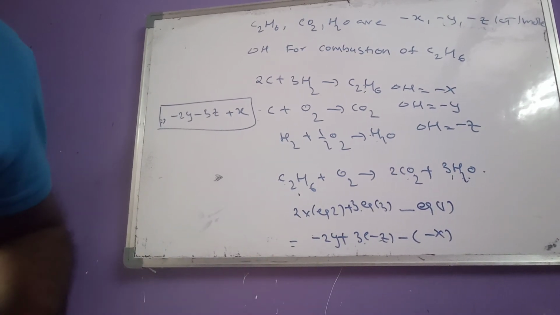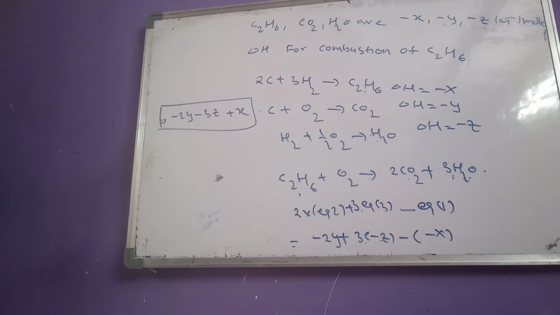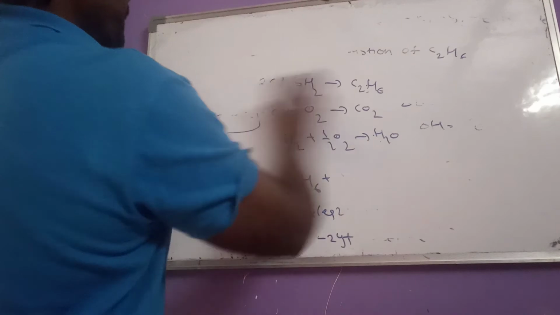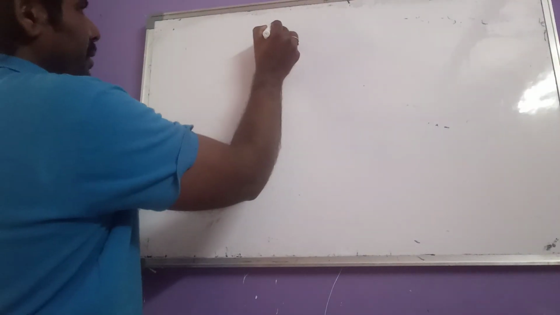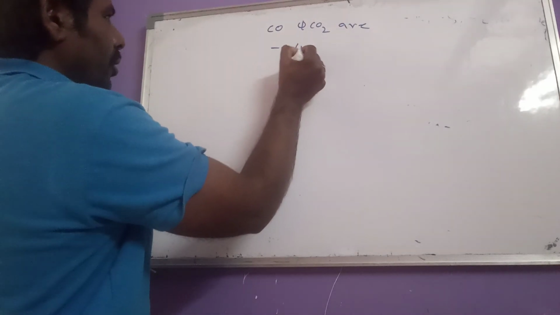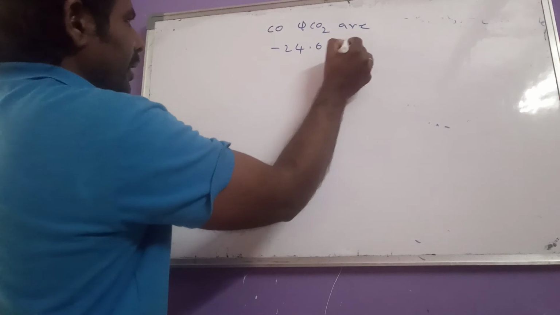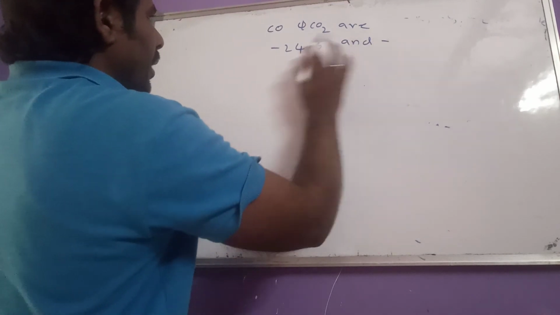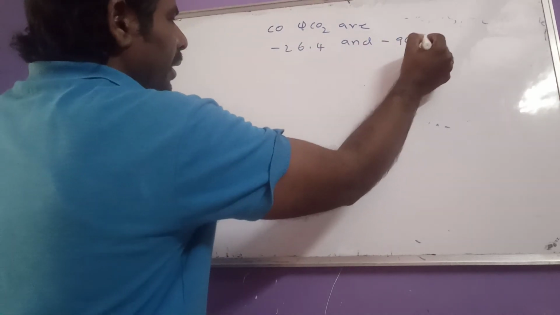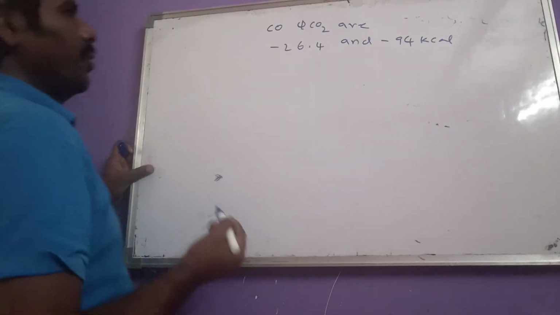Now another question, related to carbon monoxide and carbon dioxide. The heats of formation of CO and CO2 are minus 26.4 and minus 94 kilocalories respectively.